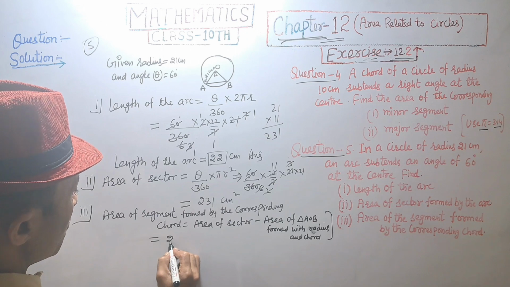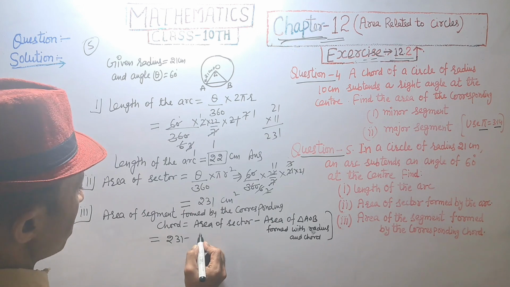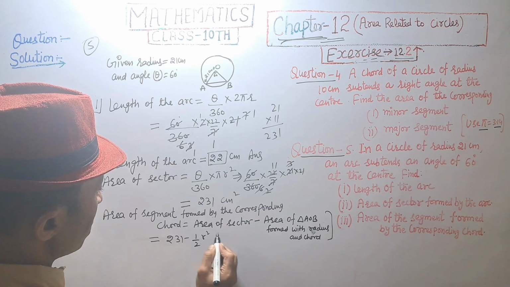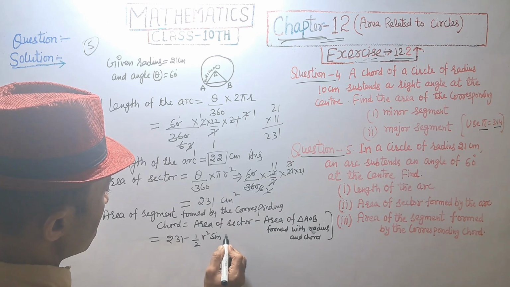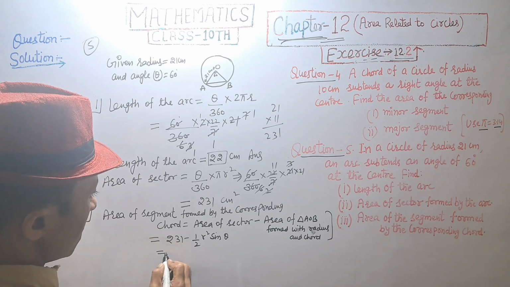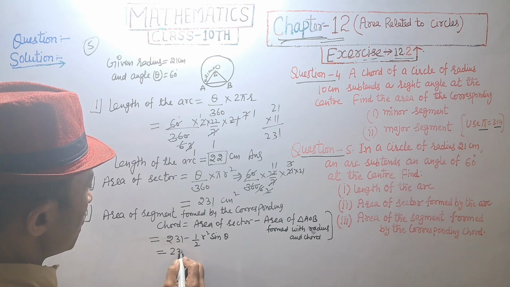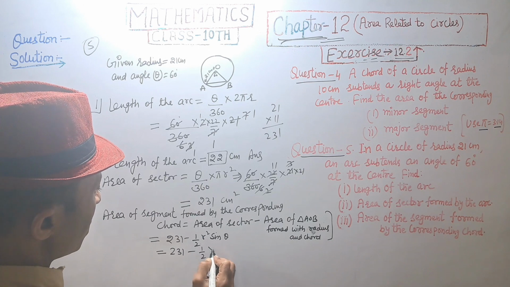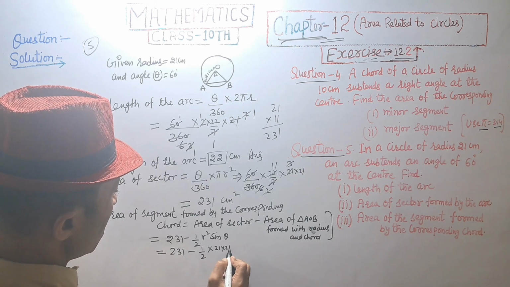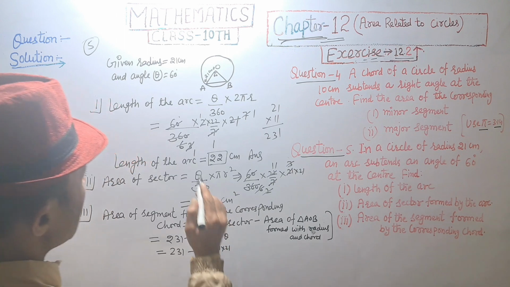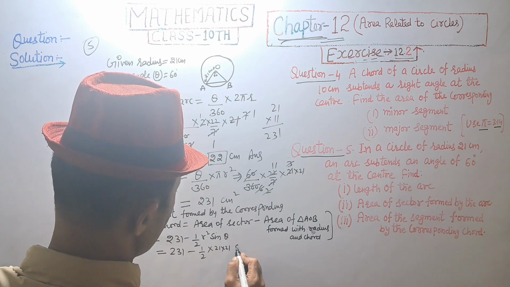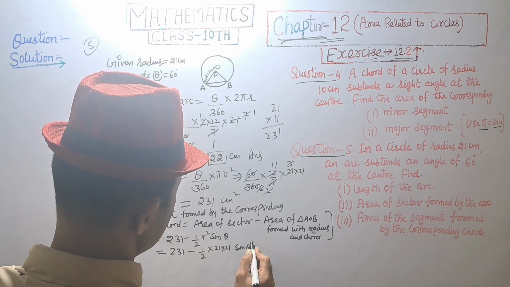This is equal to 231 minus half r square sin theta. Equal to 231 minus half into radius 21 into 21 into sin theta, that is sin 60 degree.